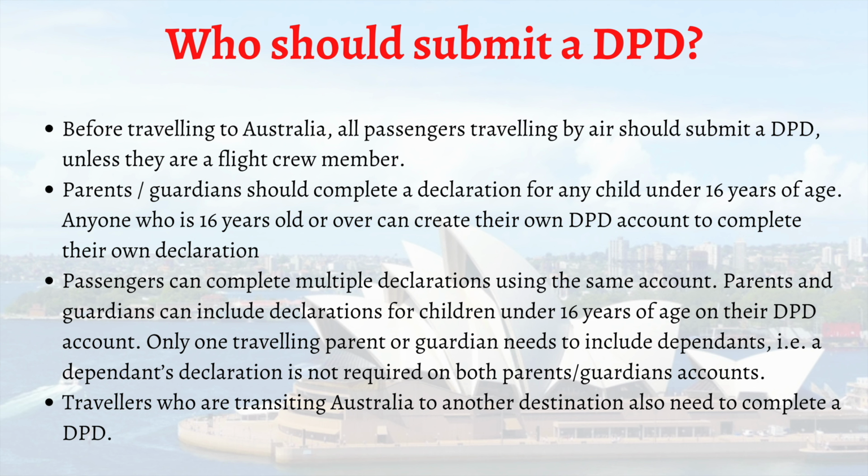So if husband and wife are travelling together, they've got 5 children, all under 16, only one of the parents needs to include their dependents on their account. And travellers who are transiting Australia to another destination also need to complete a DPD. So anybody transiting through Australia, yes, you do need to complete a DPD.